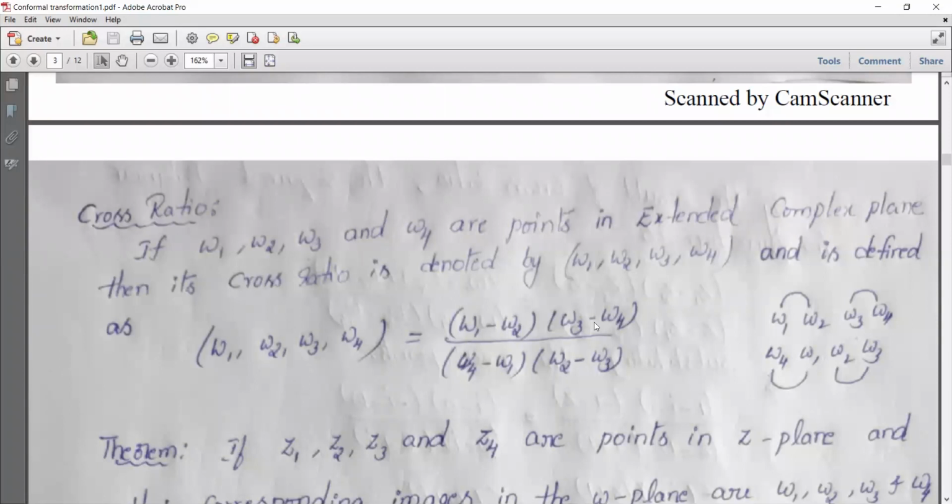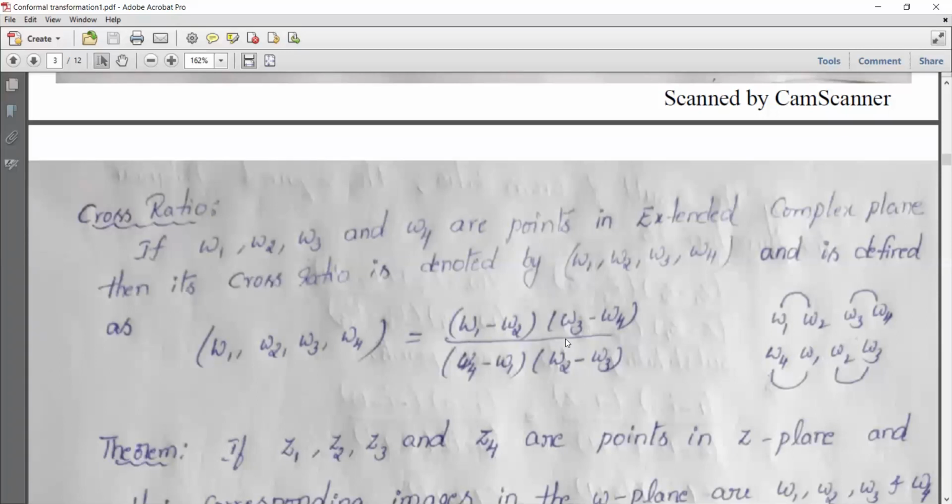It is defined as the ratio whose numerator is (W1 minus W2) into (W3 minus W4), by (W4 minus W1) into (W2 minus W3).